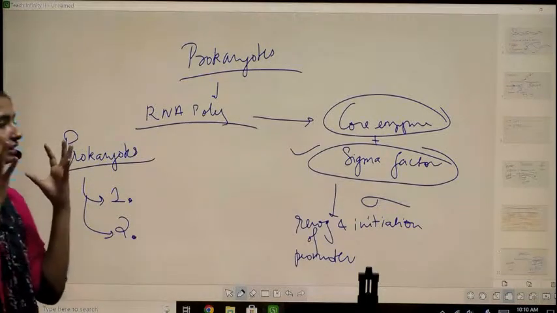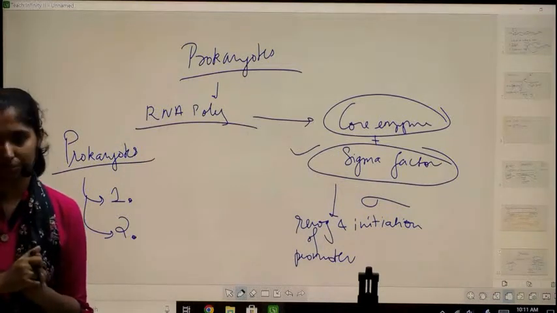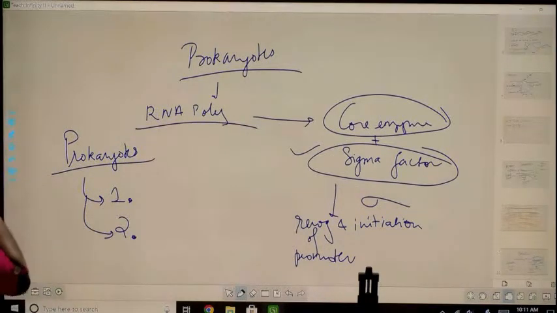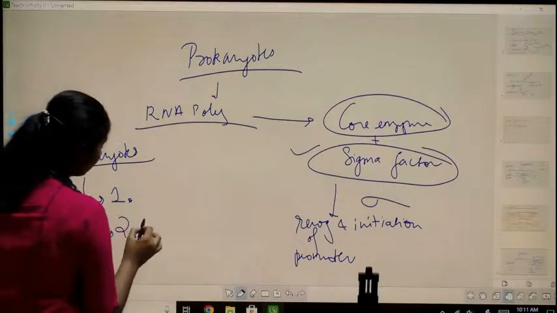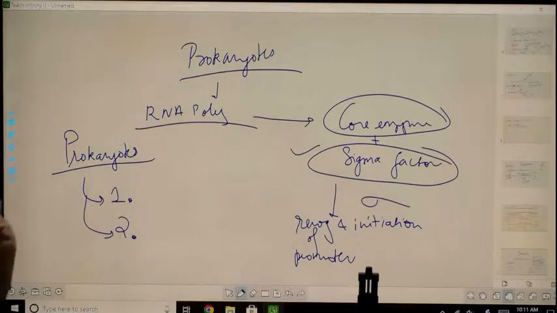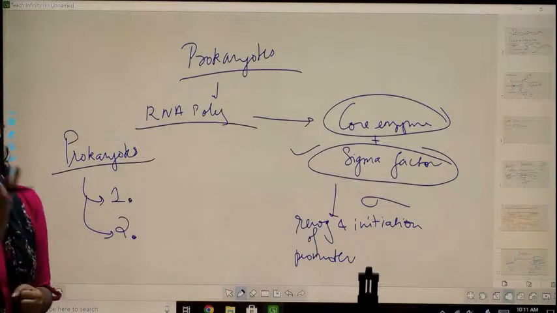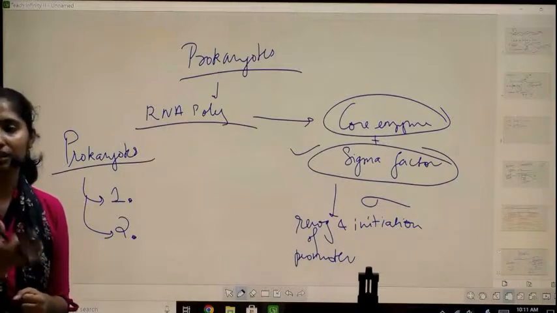The sequences in DNA itself are going to stop the process of transcription. We call this the intrinsic mechanism of termination, right? Because the sequences that are present in the terminator itself lead to termination of transcription.